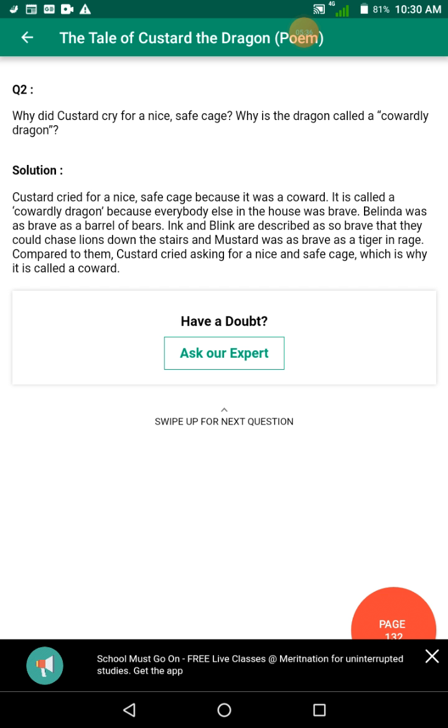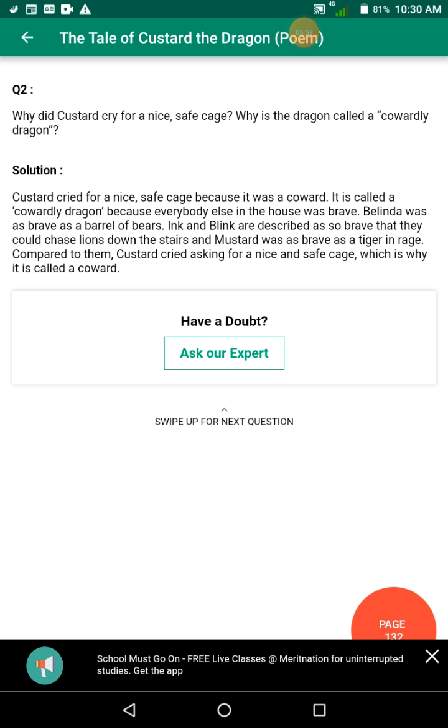So now we have to write what all are compared to the bravery part. Okay? Now, Custard cried for a nice safe cage because it was a coward. Who is Custard? Dragon. Safe cage.